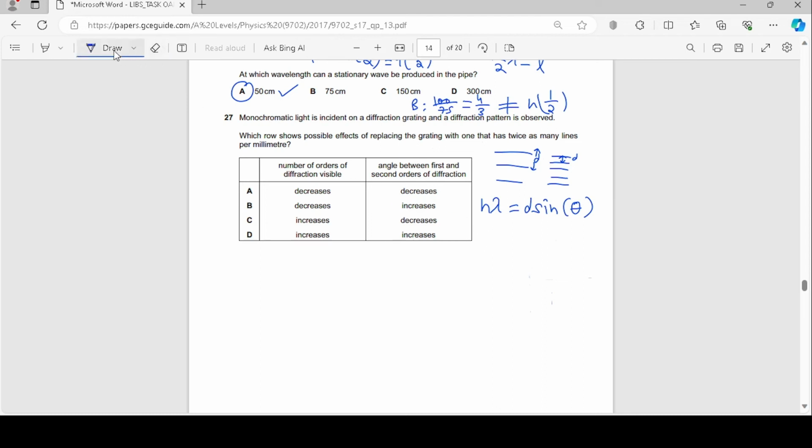And if I rearrange this to make the grating spacing the subject, n lambda over sine theta equals d, right? So I would assume lambda is a constant, and they're asking me to determine whether the number of orders of diffraction visible, which is n, and also the angle between the first and second orders of diffraction, decreases.